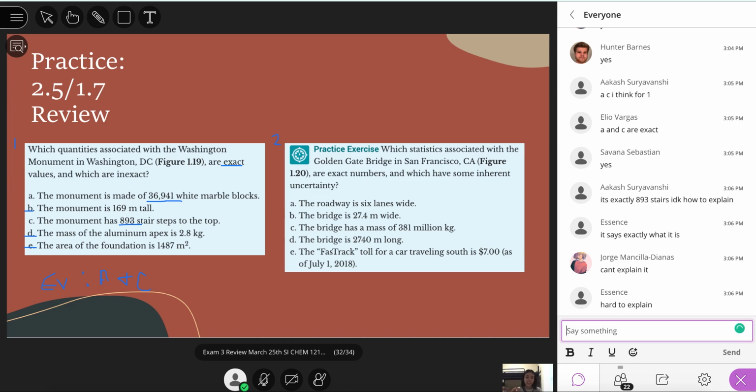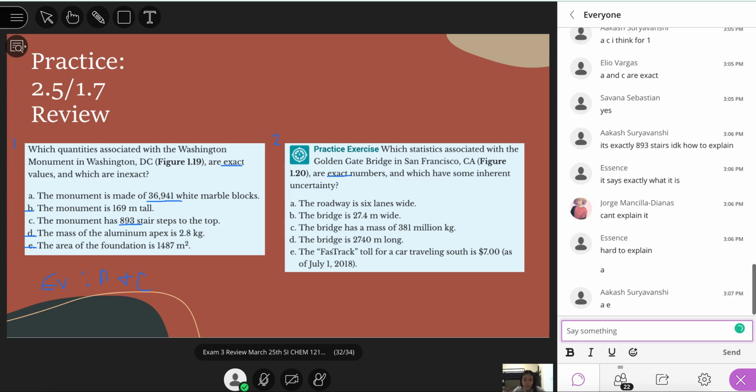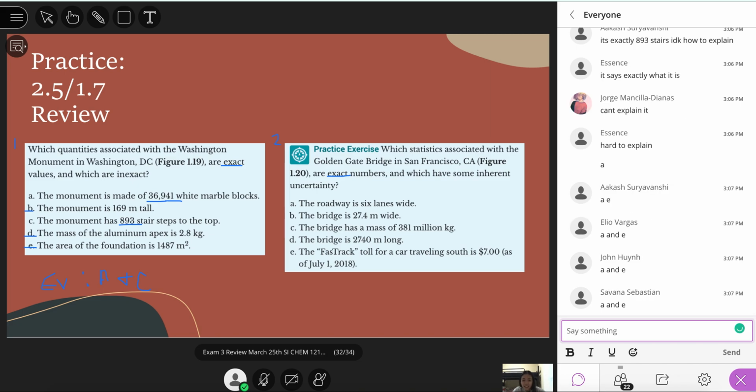What about number 2? Which values can you count? That would be exact. Exact numbers are numbers you can count. So which of these are exact? A, B, C, D, or E, or a combination? A and E. Okay, yep, exactly. You guys are completely right. A, again, easy. Just count it across. You guys probably do that all the time when you drive to Kennesaw or something.